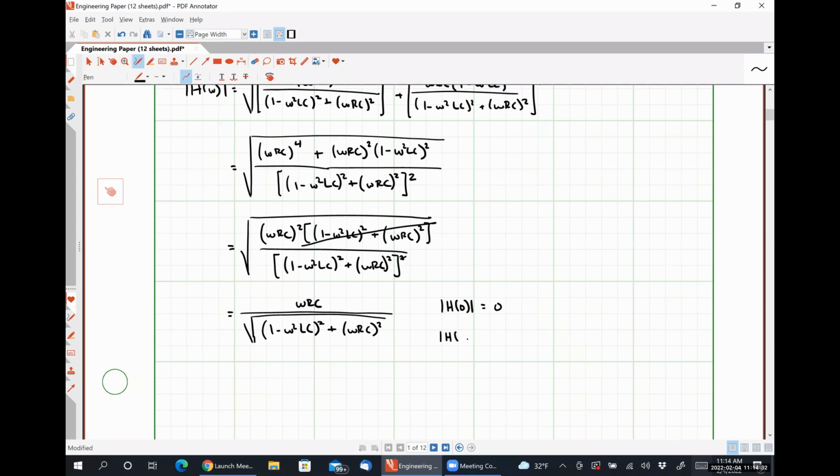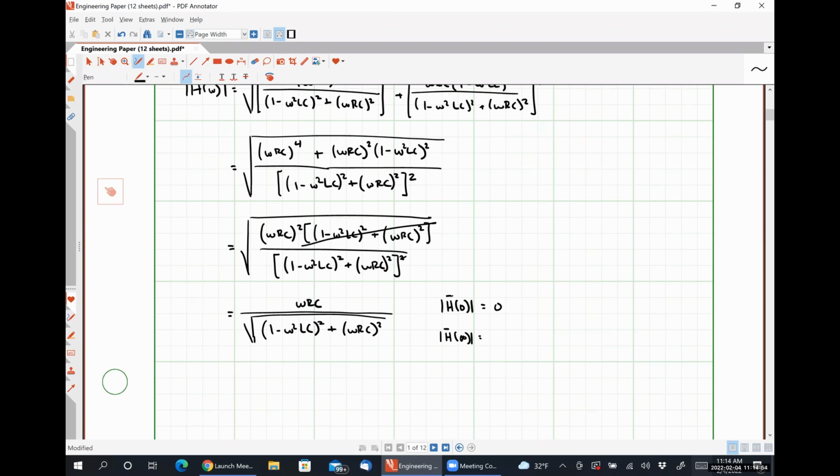For very high frequencies, when we're looking for our magnitude response at omega roughly infinity, what does this guy simplify to? Also 0, yeah.